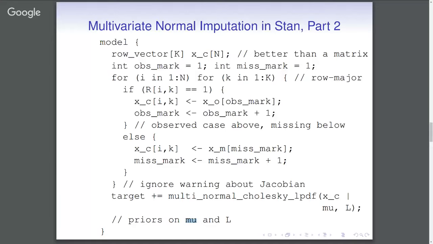A lot of these approximation algorithms use tricks that only work for the multivariate normal. But in Stan, it doesn't really matter that much if it's multivariate normal or multivariate something else. You assume whatever distribution you want in the likelihood, and then you can draw from the implied posterior distribution of X underscore M. Then you can do whatever it is you want with that posterior distribution.